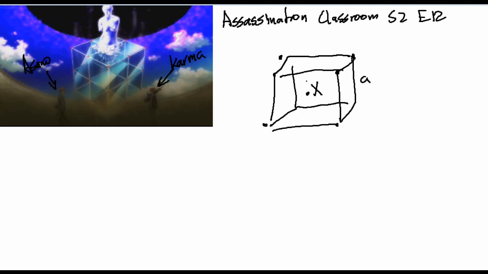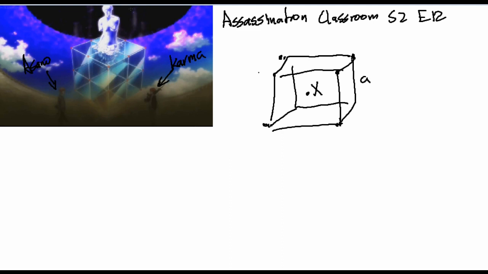So again, the domain of points in which the point is closer to x than any of the outside vertices, what is the volume of this domain of points that meet these requirements? And that's the question. So pause the video if you need to, try to solve it on your own.